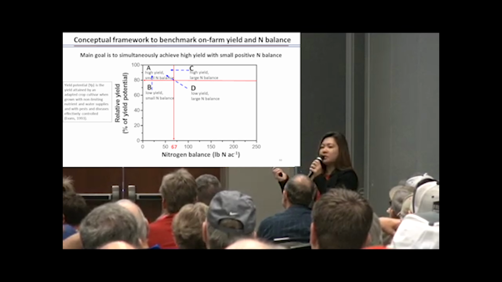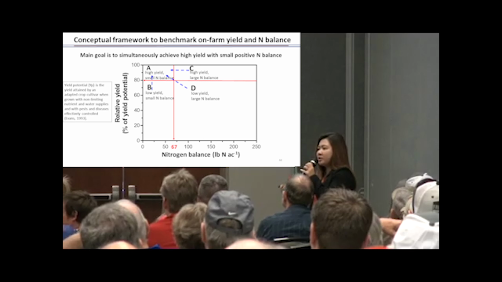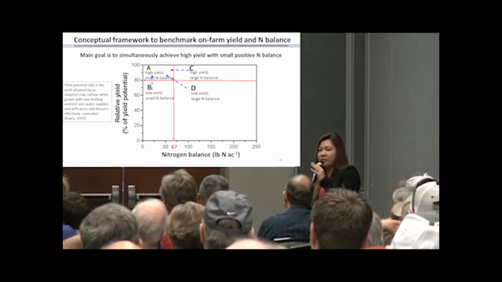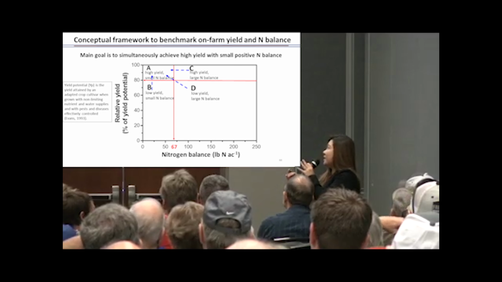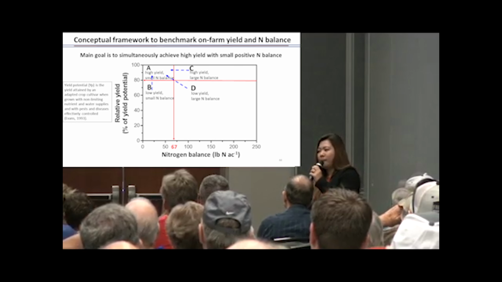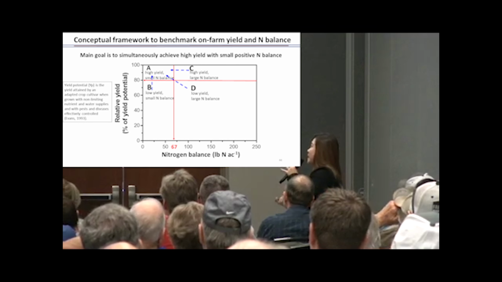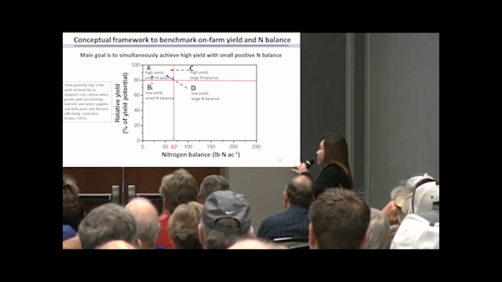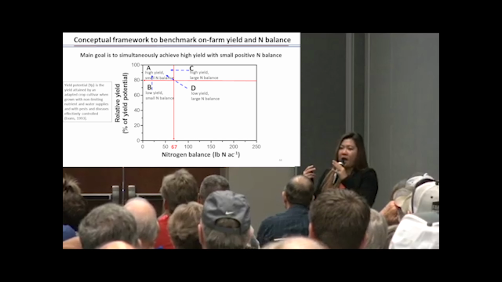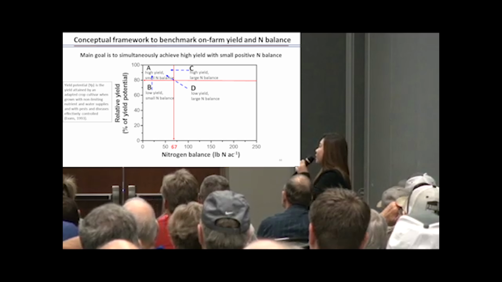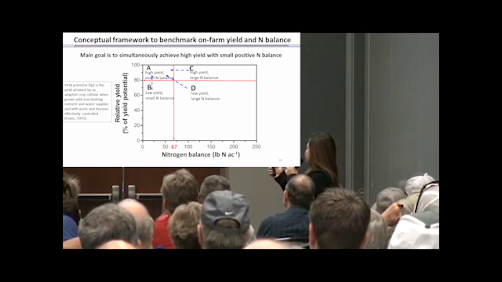And of course, I also assign a threshold for relative yield, which is around 80% of relative yield for irrigated fields and a little lower for rain-fed fields, to account for the erratic precipitation or the higher production risk for rain-fed as compared to irrigated fields.